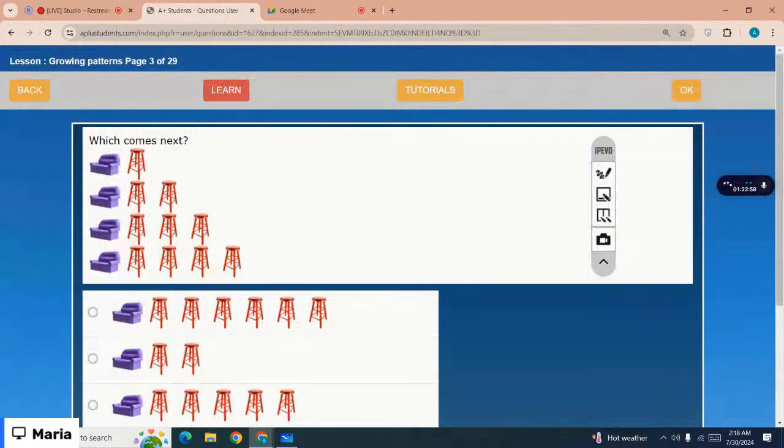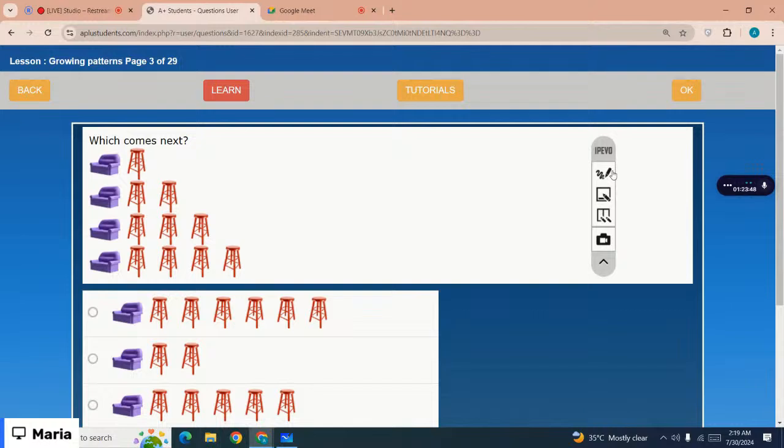Which comes next? Which is the correct option? The correct option is option number 3 is the correct option, right?